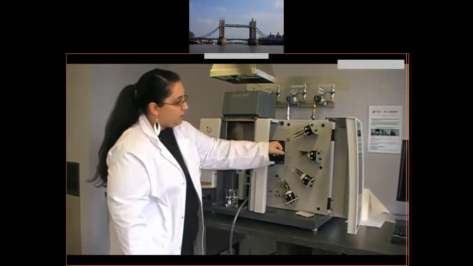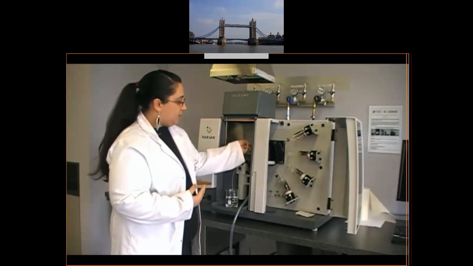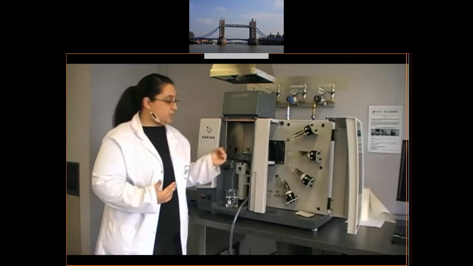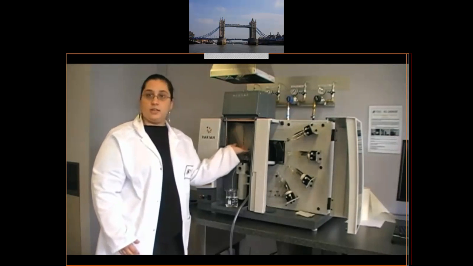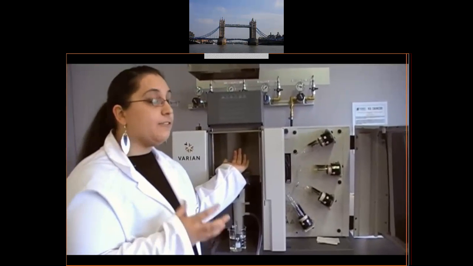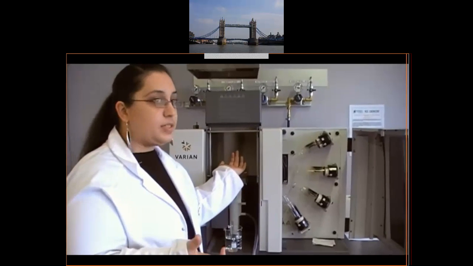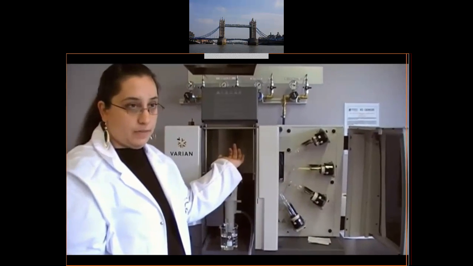So our light will be generated from this lamp at set wavelengths and will then be able to pass through our sample. So at the moment what we will have is a range of different atoms and ions burning in our flame. And as we pass the light through, that light is specific for a particular element. So if I was looking for magnesium, a specific wavelength of light is going to be passing through my flame.